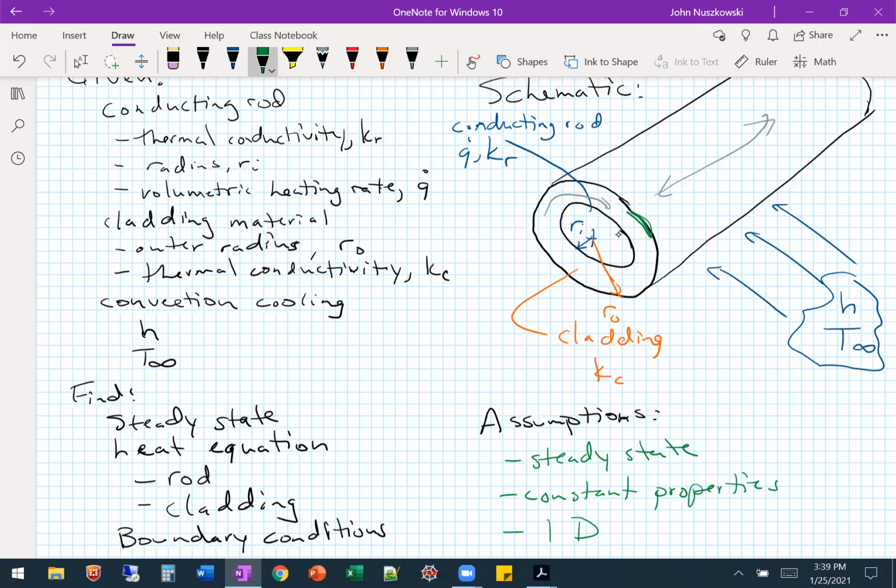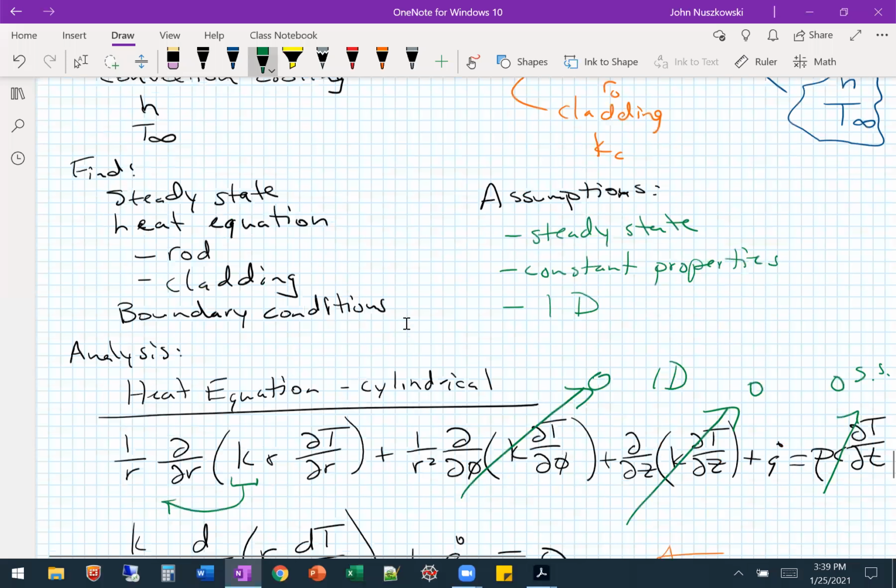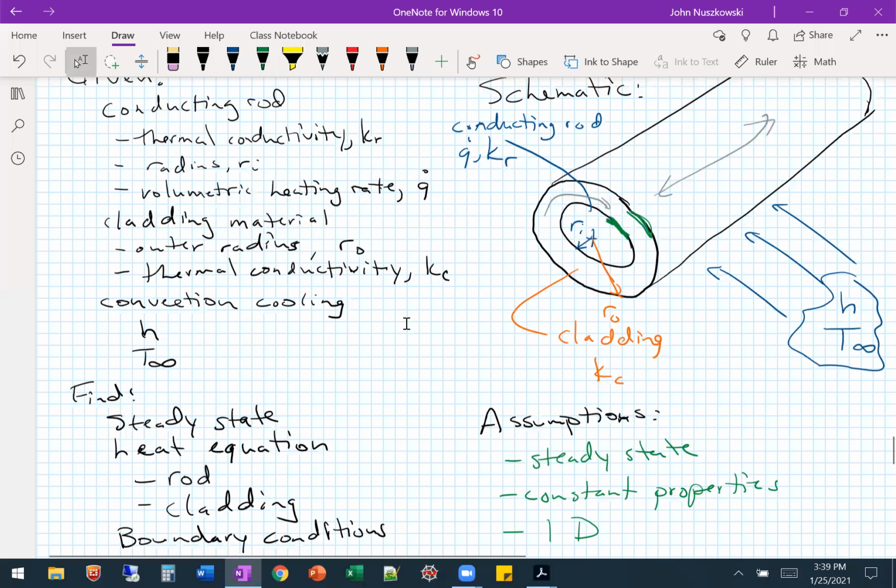All right, so any other? Could we say constant heat flux? On which boundary? For the rod. At what location though? Oh, at R is equal to Ri. Yeah, so right here, we have constant heat flux from the rod to the cladding.